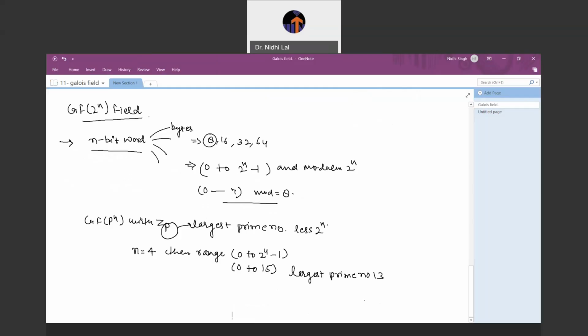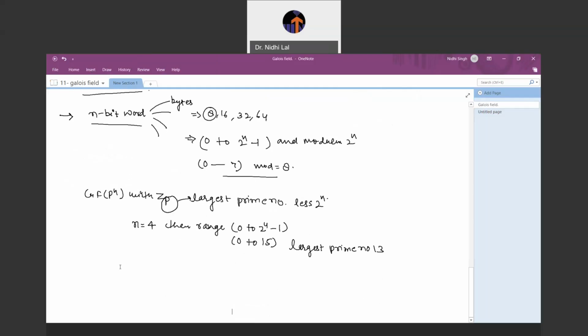So if we convert into GF(p^n), where n equals 1 and p equals 13, then what should be the range of integers? The range of integers will start from 0 to p minus 1, meaning 12, out of 0 to 15.